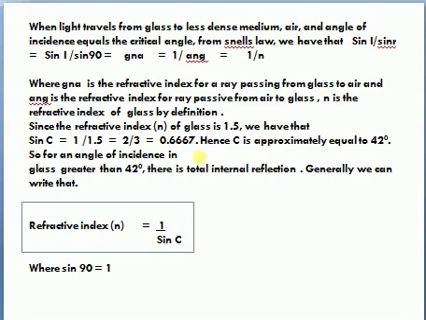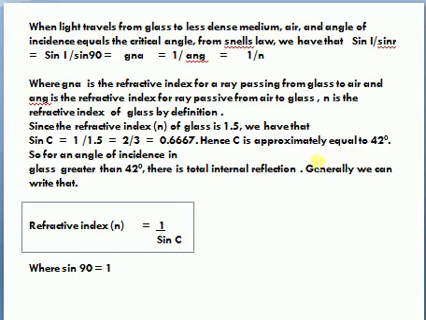Now sine C is approximately 0.6667. Then we find C. How do we find C? Sine inverse of 0.6667, and that will give us 42 degrees.